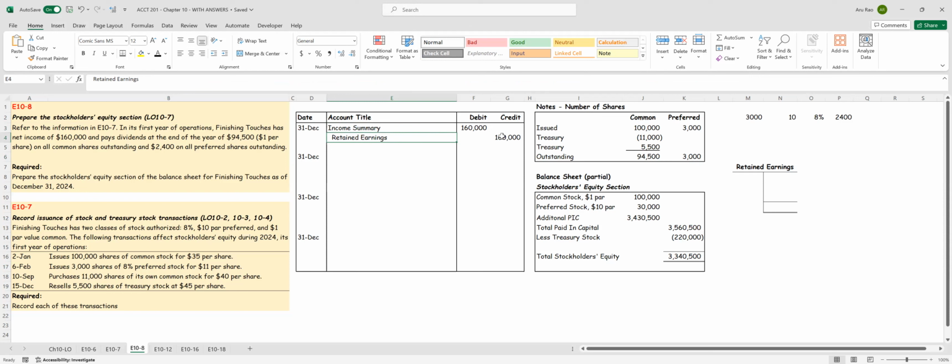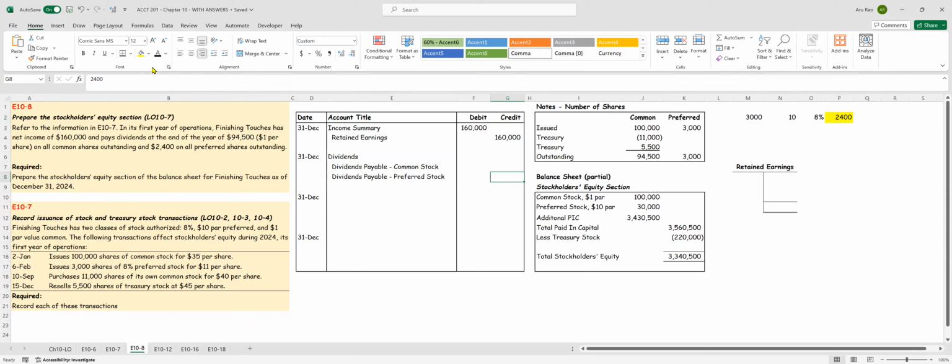Now that I have profits, I can actually pay out dividends. So I have decided to pay out dividends. I'm paying it to the common shareholders and the preferred shareholders. Preferred shareholders, we just calculated that number to be 2,400. And that's the number we have over here, 2,400. That's how much we're going to pay them. Common shareholders, how much are we going to pay them? $1 per share.